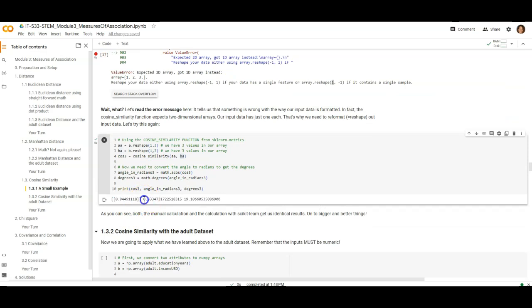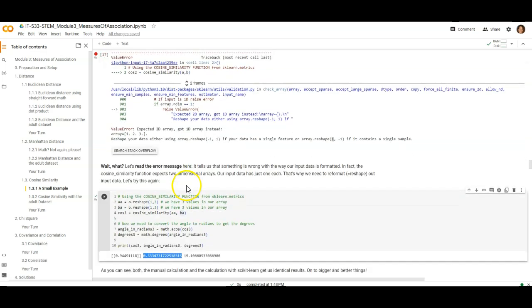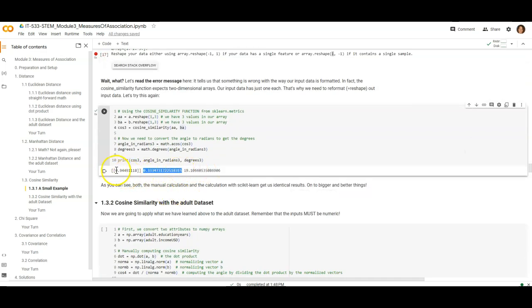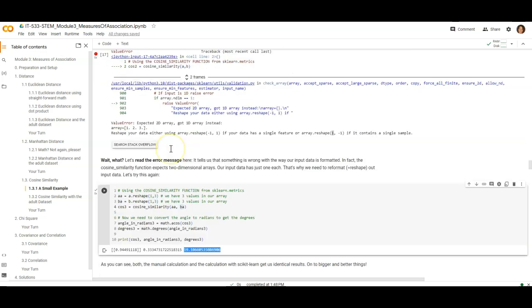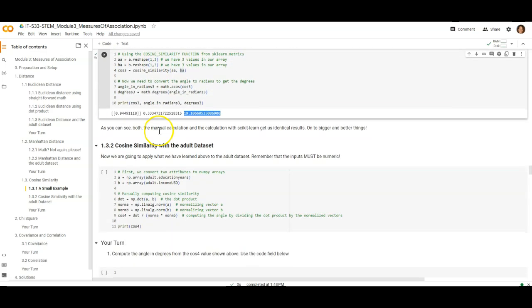And then we have the angle in radians, which not surprisingly is also the same number as up here because we're using the same formula and we have the same cosine. And then we have the degrees right here. So that is our cosine similarity calculated, which is faster here certainly than our dot product calculation.